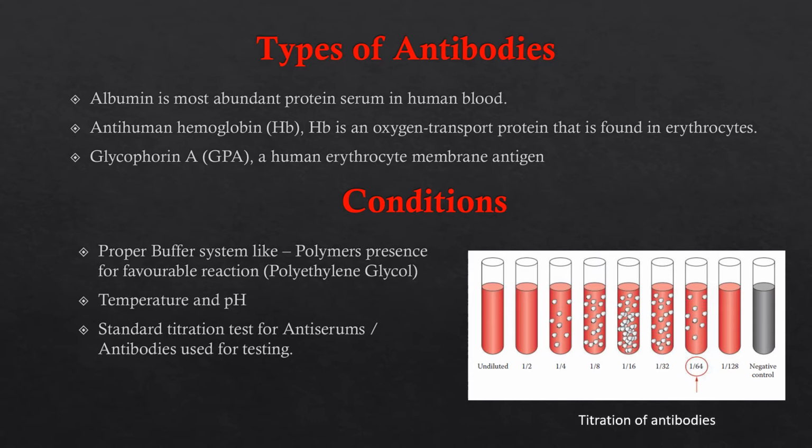That means there are no more antigens. If you add more antibodies, the visibility of antigens will be gone. So if you want to see the maximum extent to which the agglutination reaction or the precipitation reaction of the antibody and antigen is visible, that is 1/64. This is just an example.